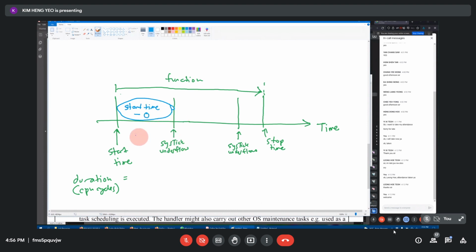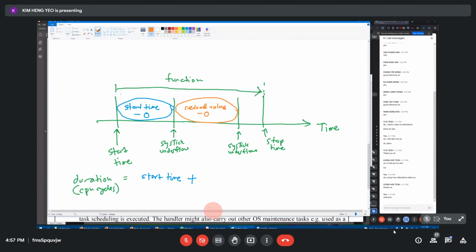So start time minus zero is just the start time. Plus, how about this part? This part will be the reload value minus zero, because when SysTick underflows, you get reloaded, count down to zero.